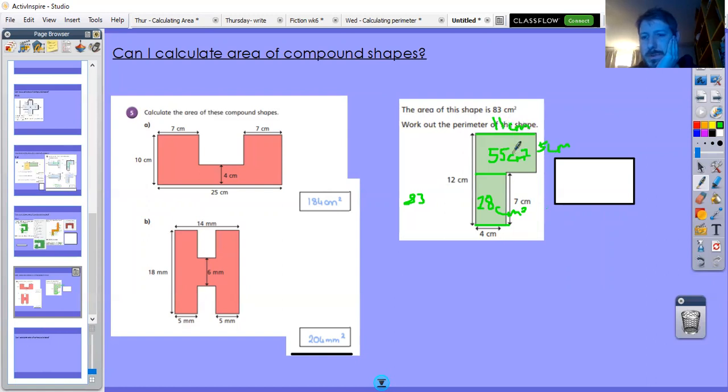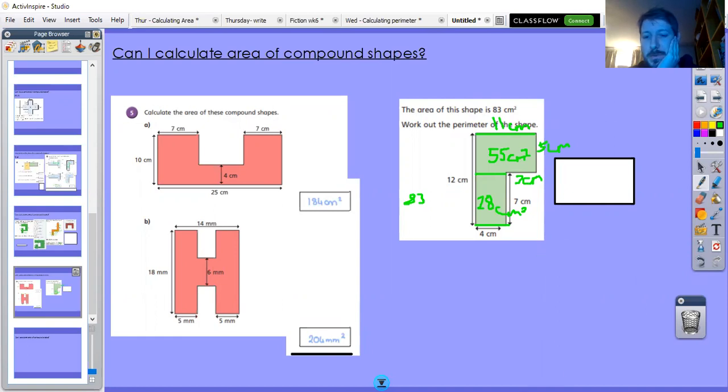What that then means is that we can work out the length of this side here. By doing 11 take away the 4, which means this length here would have to be 7 centimeters as well from here to here.